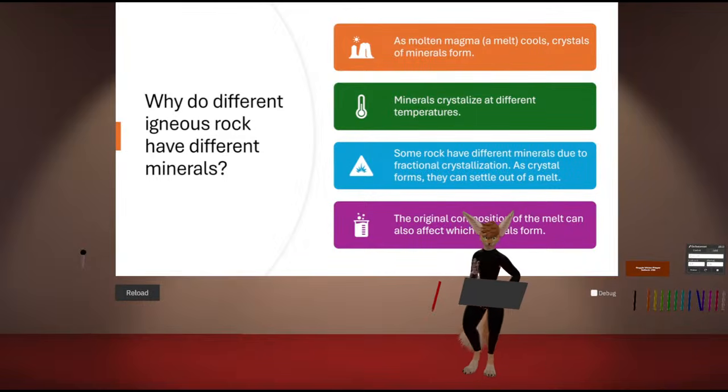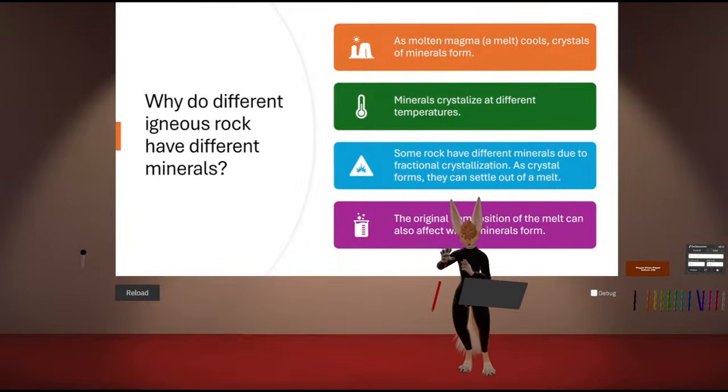But some rocks have different minerals due to fractional crystallization. As crystals form, they can settle out of a melt. Since high iron magnesium and low silica minerals crystallize first, they deplete the melt of iron and magnesium and enrich it for silica. That allows only high silica minerals to form.